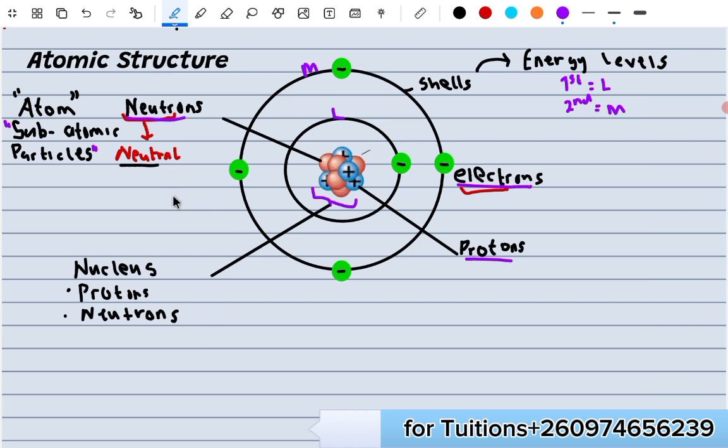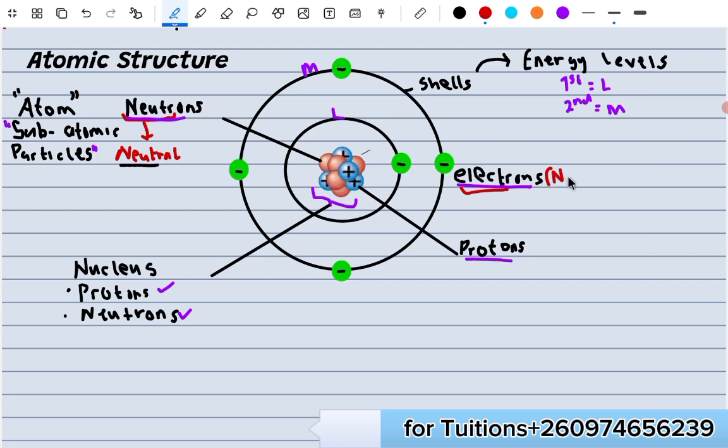Now these are subatomic particles. We've said we have the protons, the neutrons, and the electrons. They are subatomic particles. Now you have to look at them in terms of the charges, which we've already discussed. These are negatively charged.